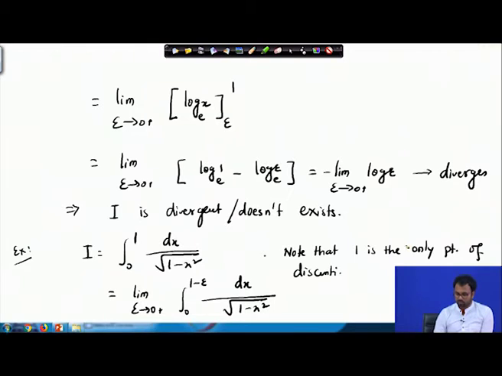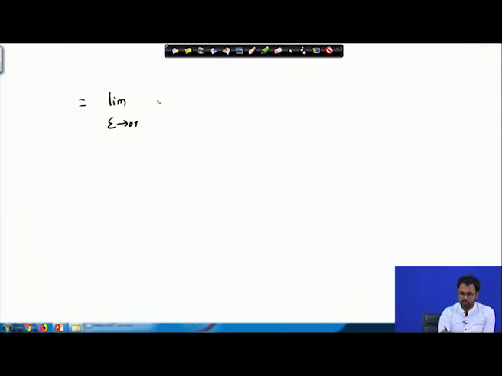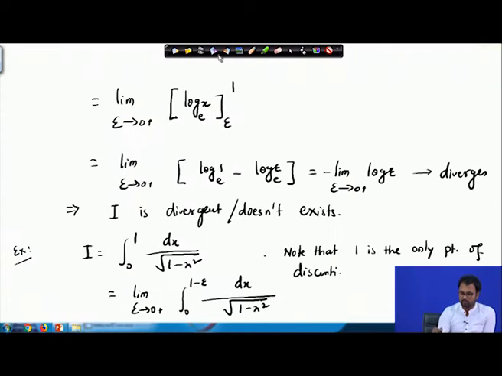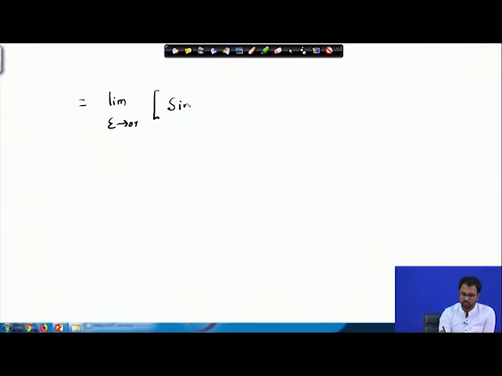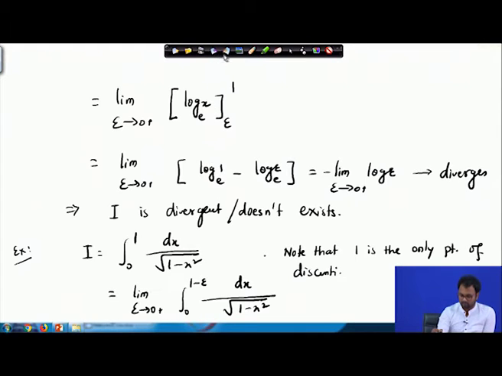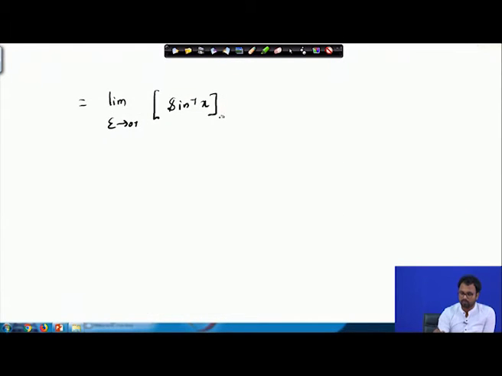All right. So next we can write the value of the integral. Here we have the square root of 1 minus x square, so this will be basically sine inverse x, integral from 0 to 1 minus epsilon, and then we substitute the limits. So this will be sine inverse of 1 minus epsilon minus sine inverse 0.